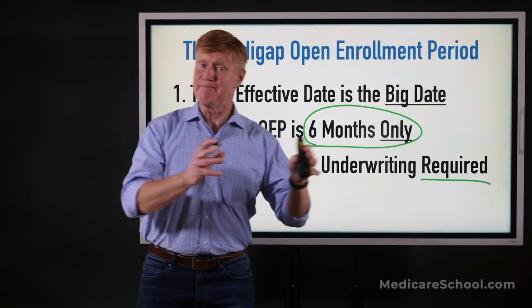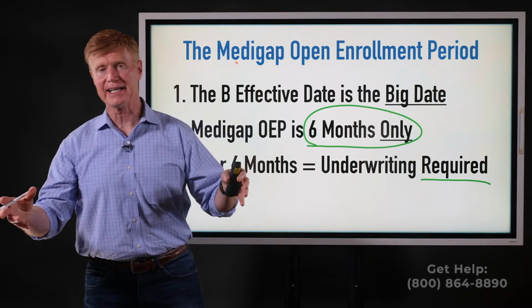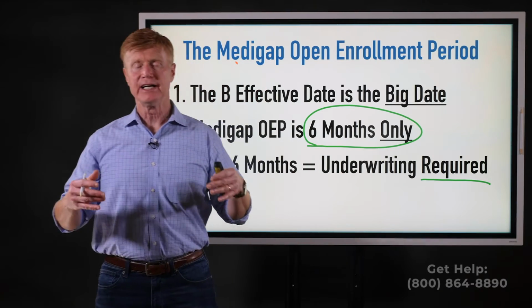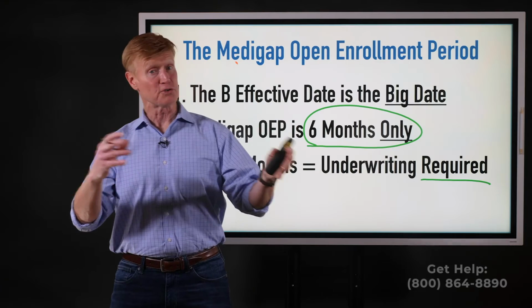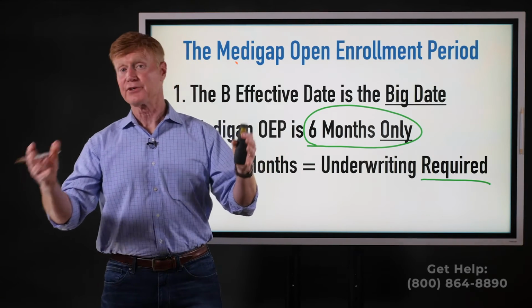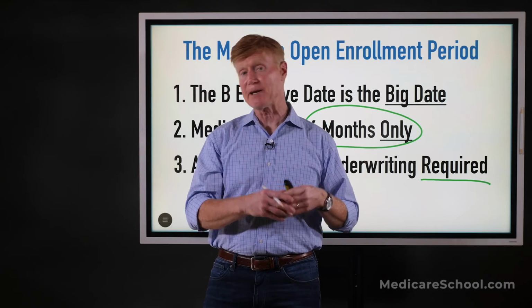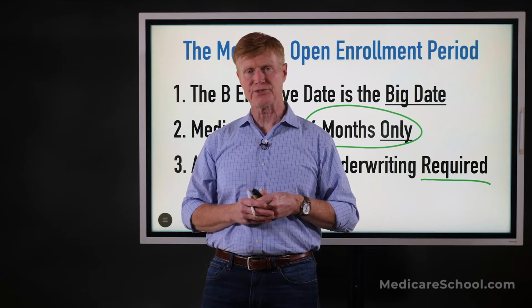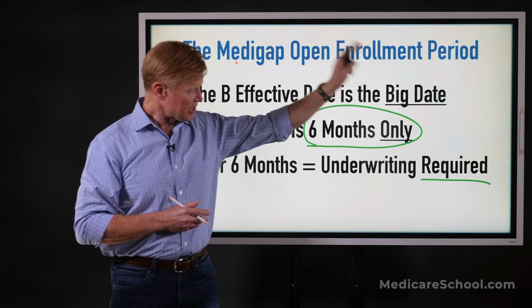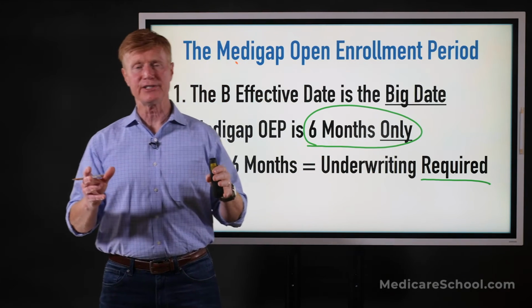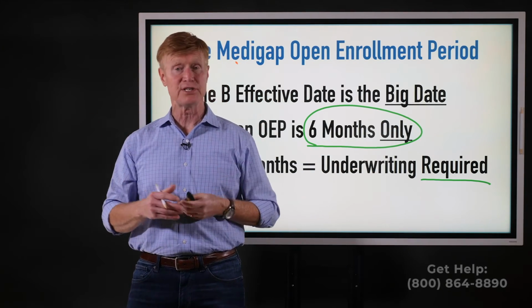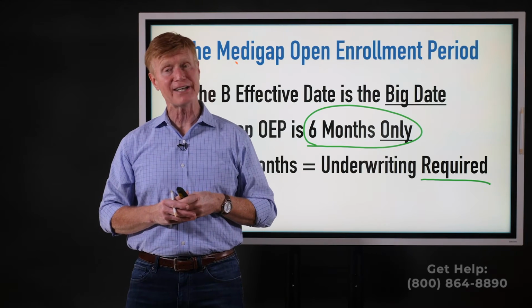That means to get a Medigap policy, any of them that you would like, you have to medically qualify. The insurance company is going to ask you anywhere from 20 to 25 health questions. They're going to check all your medications to see what you're being treated for, and they may get a statement from your doctor called an attending physician statement. After that 6 months is over, an underwriter is going to have to approve you, and sometimes they say yes, and sometimes they decline the application.